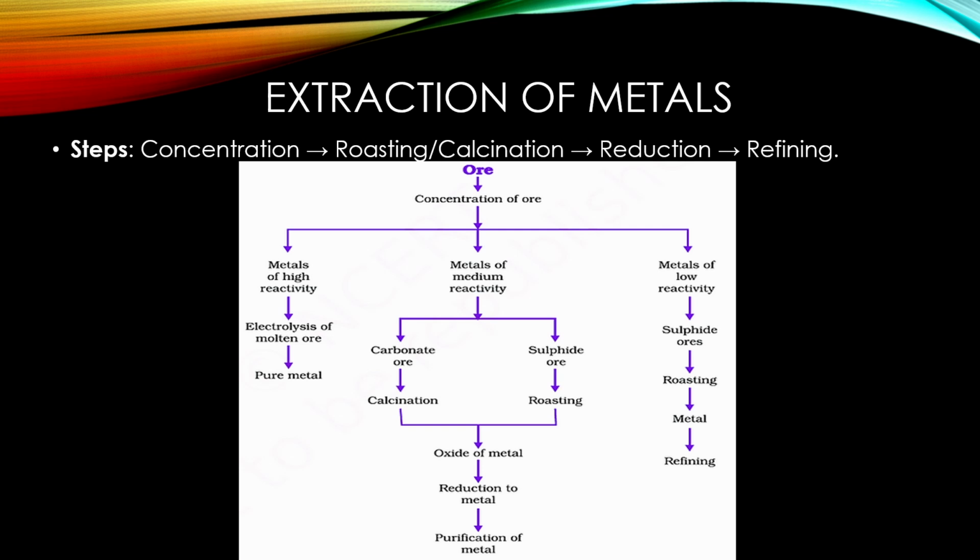In medium reactivity, metals are extracted from sulfide and carbonate ores. If it is a sulfide ore, it is roasted. If it is a carbonate ore, it is calcinated. And for high reactivity metals, electrolysis of the molten ore is done and pure metal is obtained.